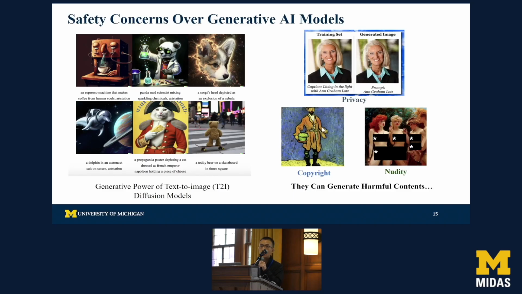Also, generative models learn certain patterns in the data, and they might infringe copyright. And finally, they might generate something harmful, like a nude woman, if you trigger them with a harmful text prompt. So there are concerns about the safety of using generative AI models.